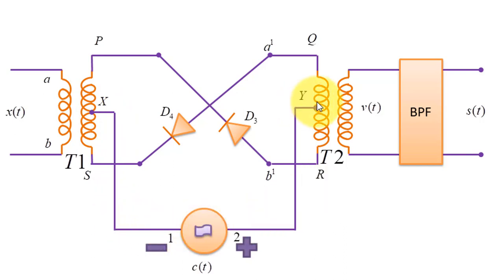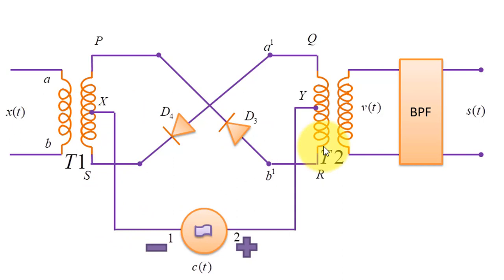Whereas since here we have a bifurcation of our signal, one portion comes down and another portion goes upwards. This second part, which is going from here to here, will follow this path, that is via D4. It will enter like this.